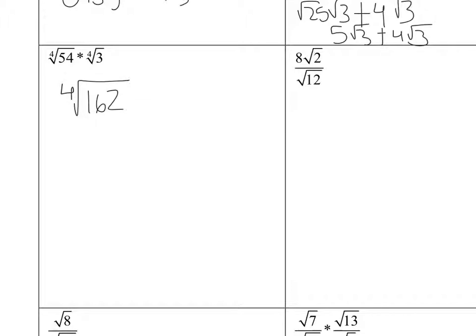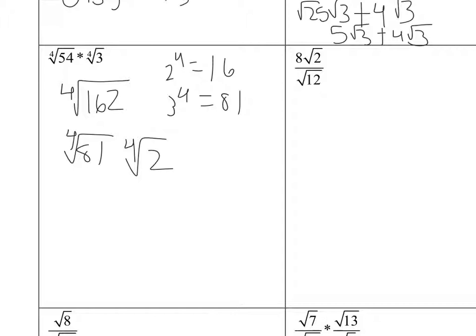Now, I don't know the perfect things of the fourth, but I do know 2 to the fourth is 16. 3 to the fourth is 81. So if I did 162 divided by 16, it gets me a decimal, so that's not good. So if I do 162 divided by 81, I get 4th root of 81 and 4th root of 2. Well, the 4th root of 81 is 3, so you have 3 4th root 2.